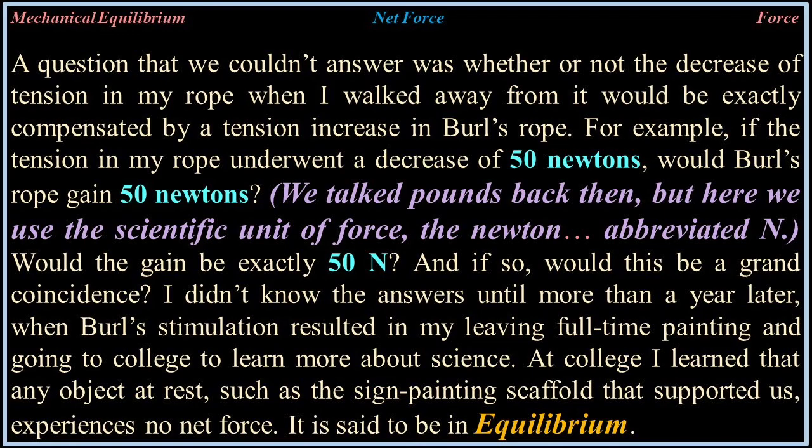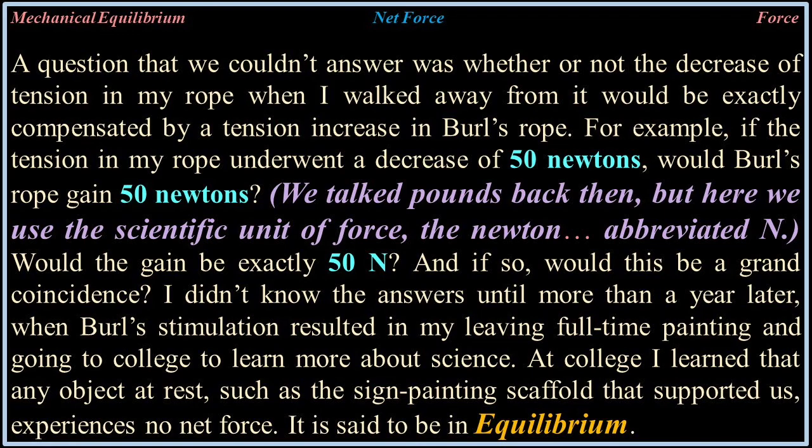We talked pounds back then, but here we use the scientific unit of force, the newton, abbreviated capital N. Would the gain be exactly 50 newtons? Or if so, would this be a grand coincidence?